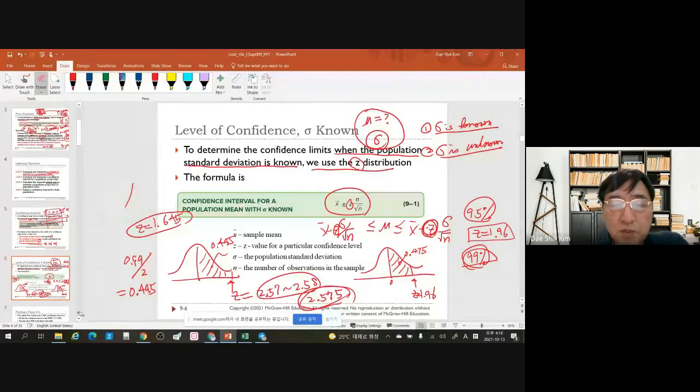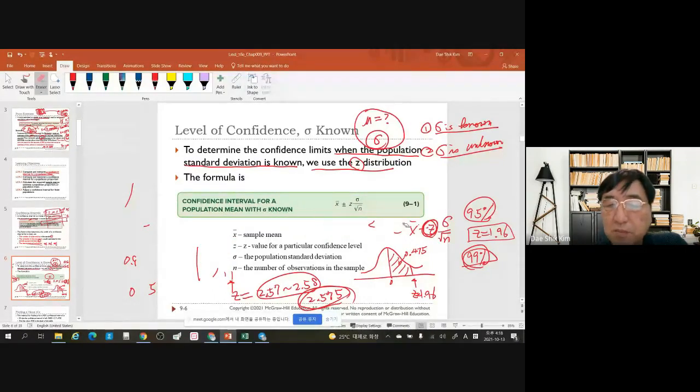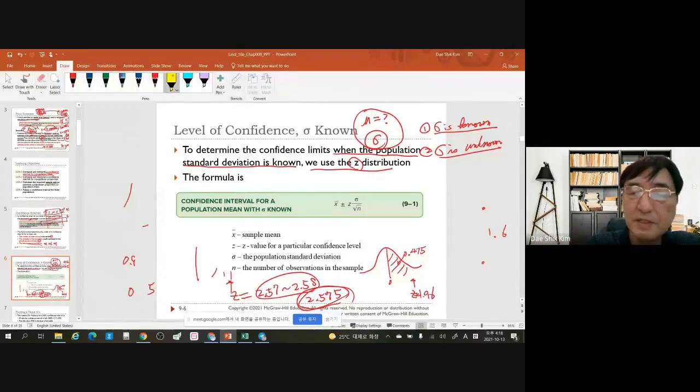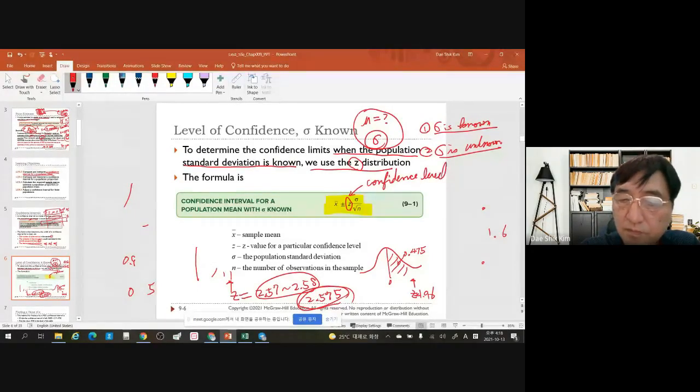Looking at the formula, the interval depends on the Z value, which is determined by the confidence level. The denominator is the sample size, and sigma is the standard deviation.